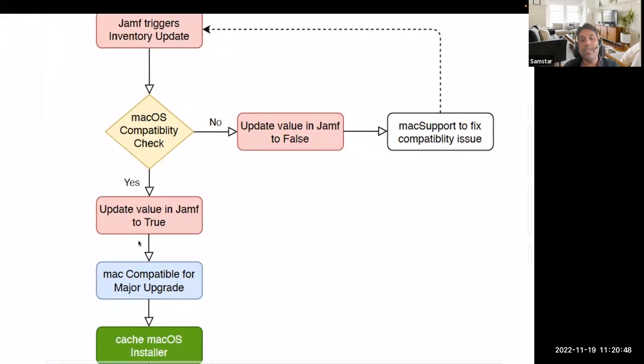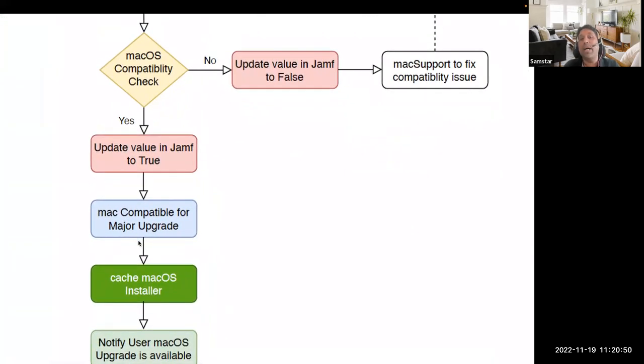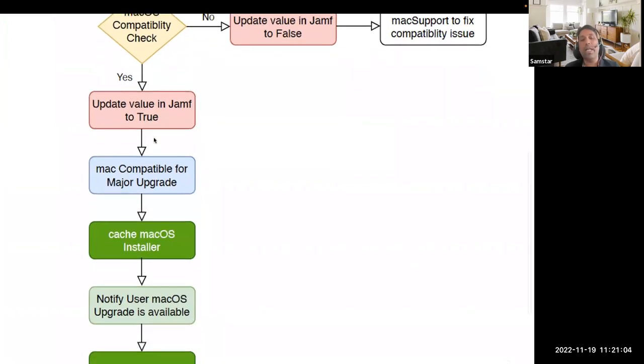A yes value means the Mac device is compatible for the latest macOS upgrade, which is Ventura. It will update a value in a smart group, and this smart group, which is compatible for macOS upgrade, will be part of a policy.